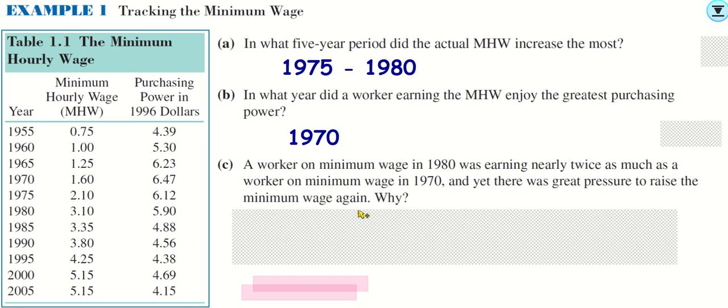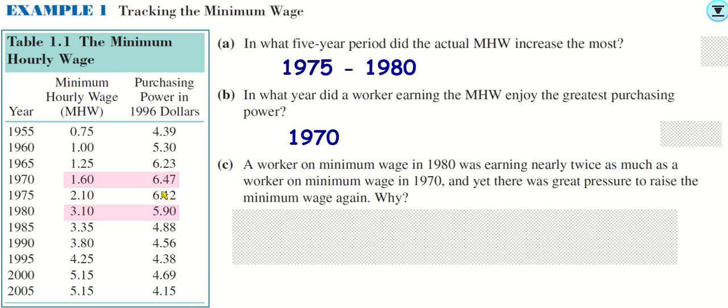$6.47. Question C. A worker on minimum wage in 1980 was earning nearly twice as much as a worker, so from $1.60 an hour to $3.10 per hour. And yet there was great pressure to raise the minimum wage again.